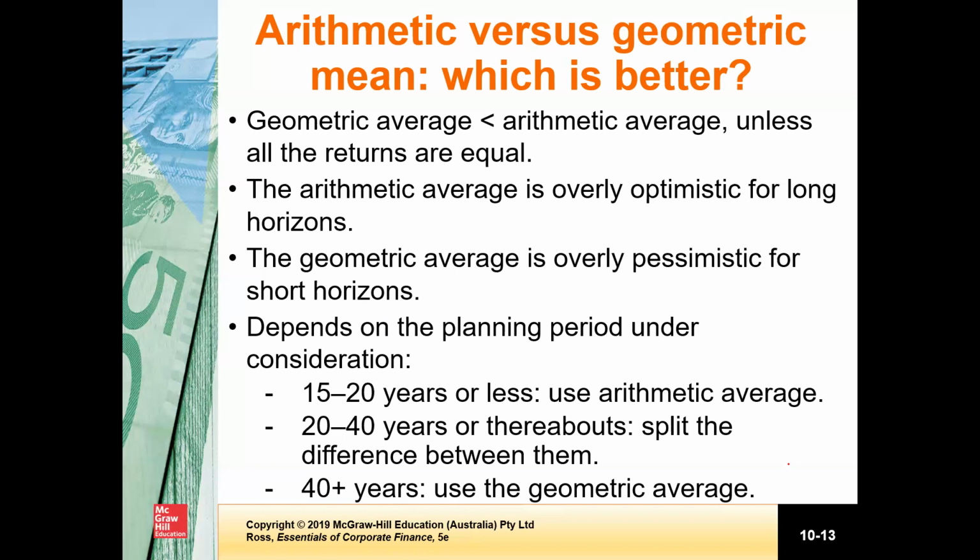As a practical matter, if you are using an average calculated over a long period of time to forecast up to a decade or so into the future, then you should use the arithmetic average. If you are forecasting a few decades in the future, then you should just split the difference between the arithmetic and geometric average returns. Finally, if for some reason you are doing a very long forecast covering many decades, then use the geometric average.